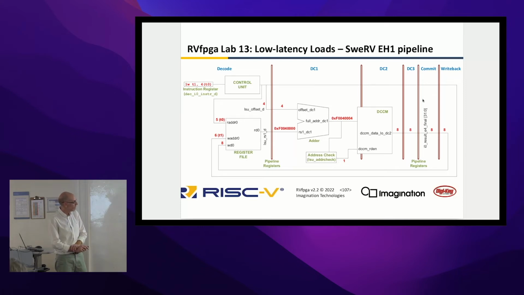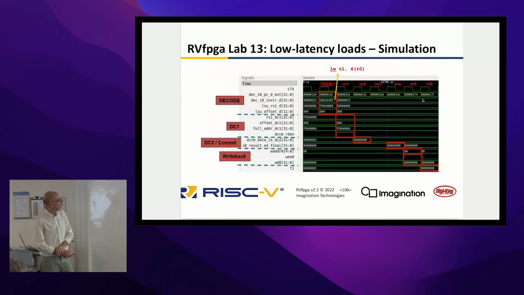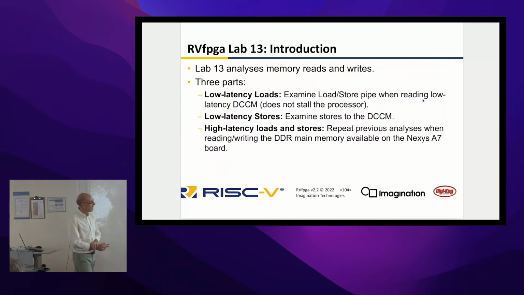Again, the names of the signals are the same as the ones used in the Verilog file. We do a similar analysis for stores and also for loads and stores accessing not the low latency memories, but the external memory, which has a high latency. Okay?